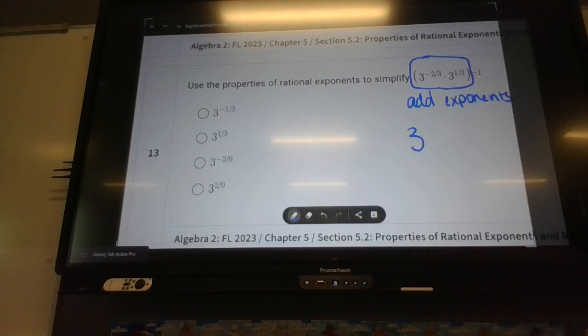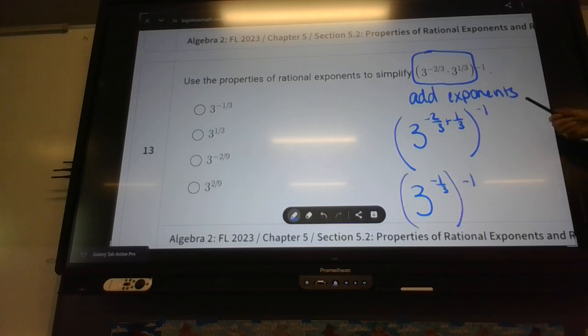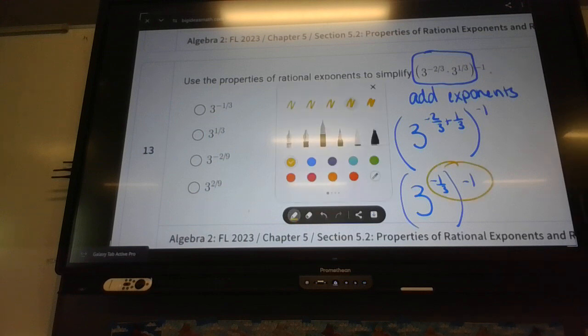So I'm going to do big base 3, negative 2/3 plus 1/3. And I can do that because it's the same base. So negative 2 plus 1 is negative 1. And I'm still keeping that exponent of negative 1 out there. Then we have a power to a power.